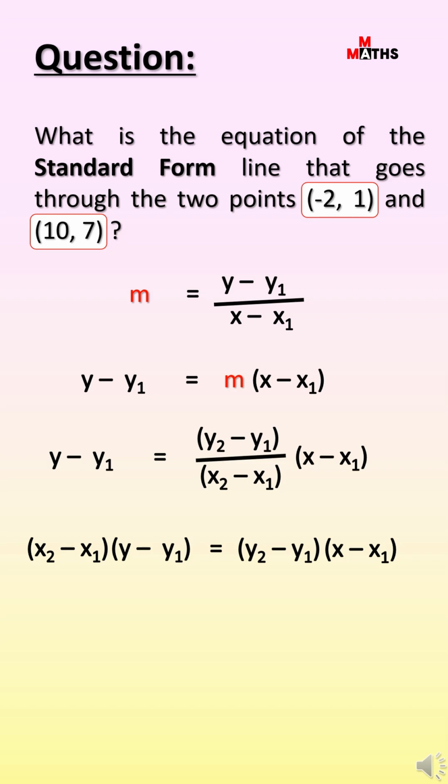Rearranging that so that we have an equation which is set to equal 0 gives us the bottom line, which is (x2 minus x1) times (y minus y1) minus (y2 minus y1) times (x minus x1) all equals 0.